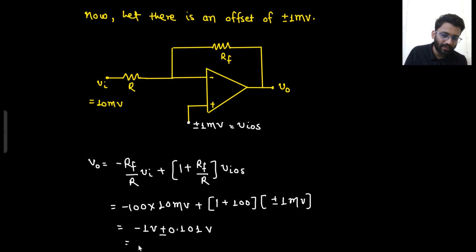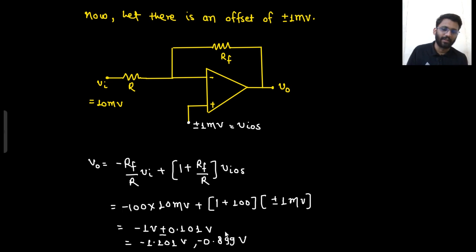So your output can be either minus 1.101 volt, if you take the negative sign, or it can be minus 1 plus 0.101, so it would be minus 0.899 volt.